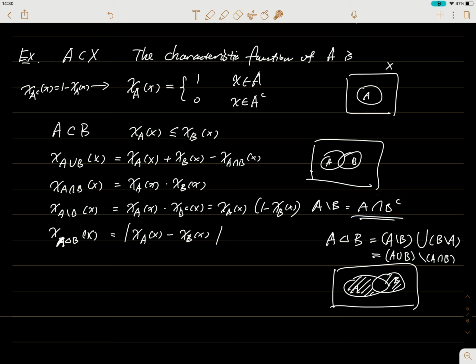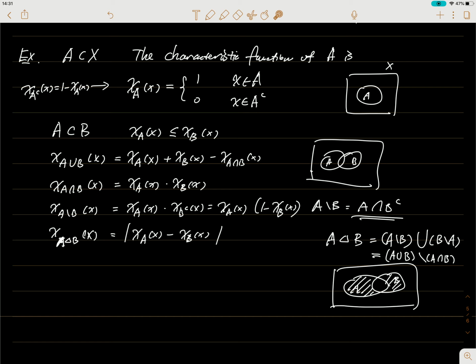So essentially, following the previous one, this is just chi A times chi of B complement. But the characteristic function of B complement is just 1 minus the characteristic function of B. So that's why we can replace this one here by this. Okay, and then you have that.